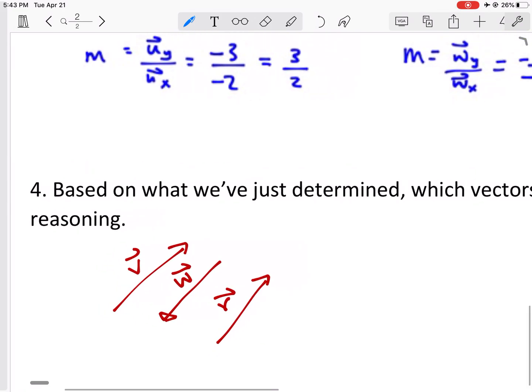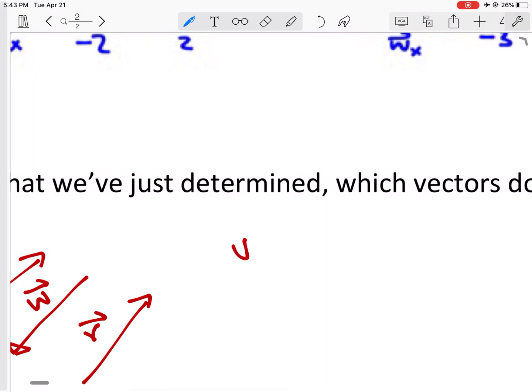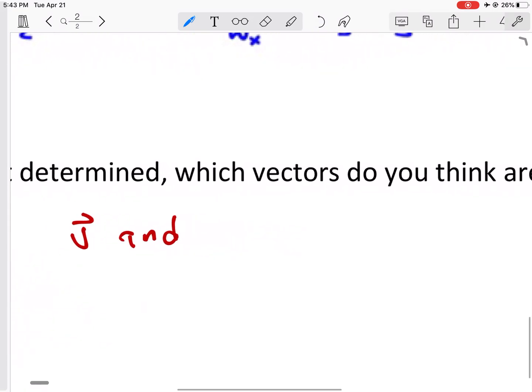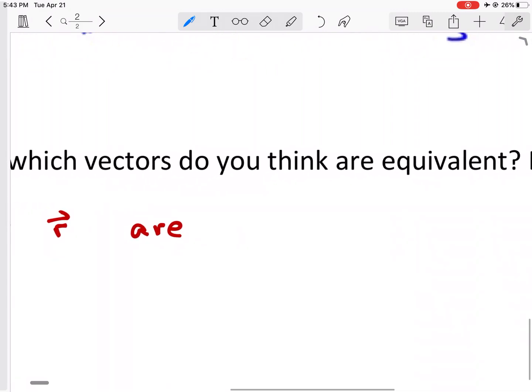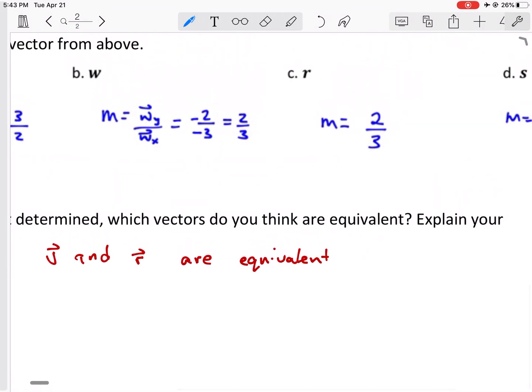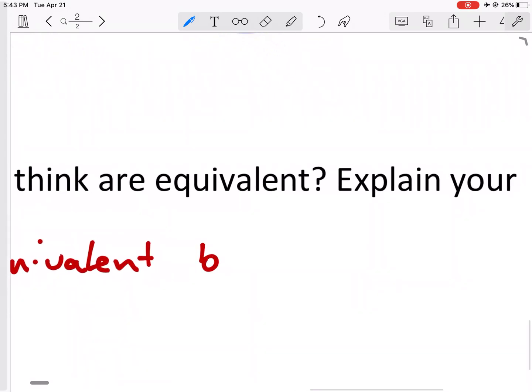Therefore, we can conclude that V and R are equivalent, because they have the same magnitude and direction.